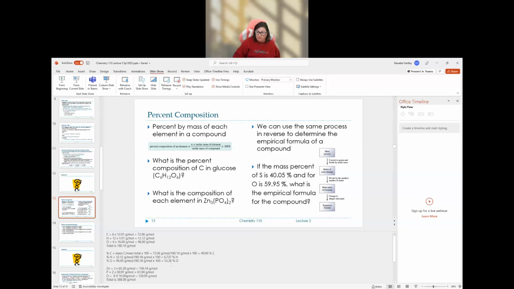The oxygen, there are 4 here, and we distribute the 2, which gives me 8. 8 times 16 grams per mole gives me 128 grams per mole. The total of those is 386.08 grams per mole. The percent of zinc is 196.14 divided by 386.08 times 100 equals 50.78. For the percent P, we get 16.04, and for the oxygen, we get 33.15.